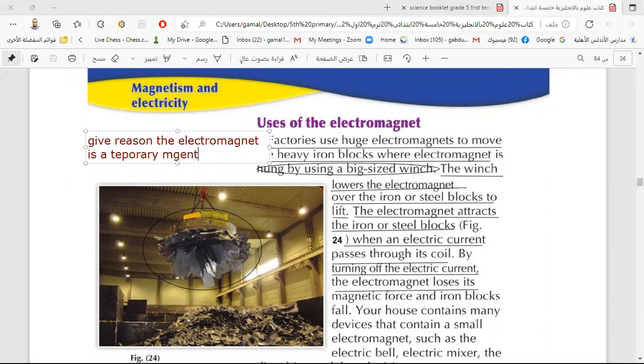Give reason. The electromagnet is a temporary magnet. It is a temporary, not permanent magnet. Temporary. Okay? It is a temporary magnet because it can lose its magnetism easily.